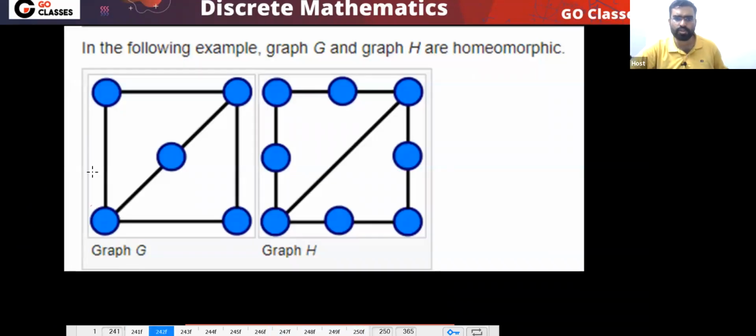Is it clear? Like these two graphs, tell me, are they homeomorphic to each other?